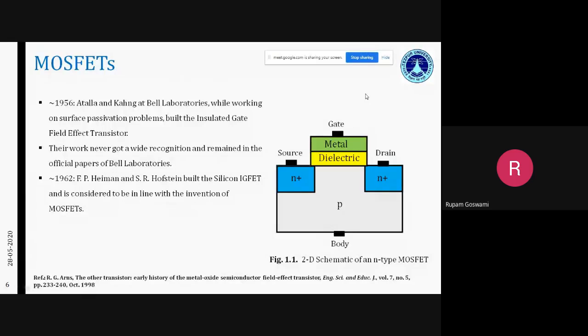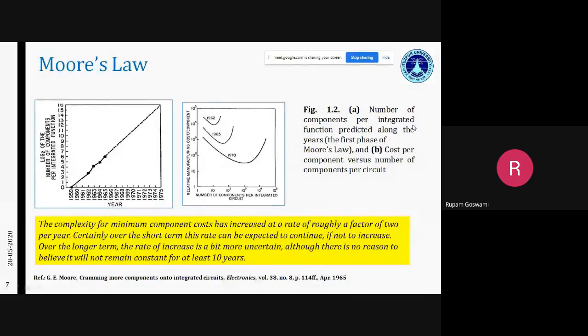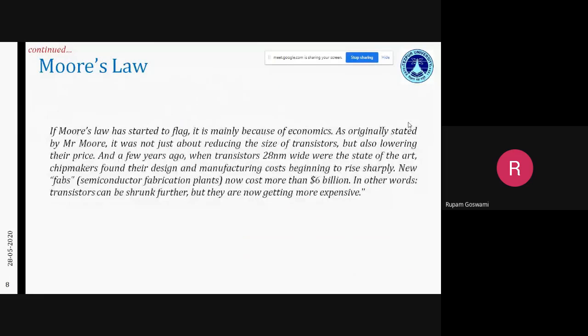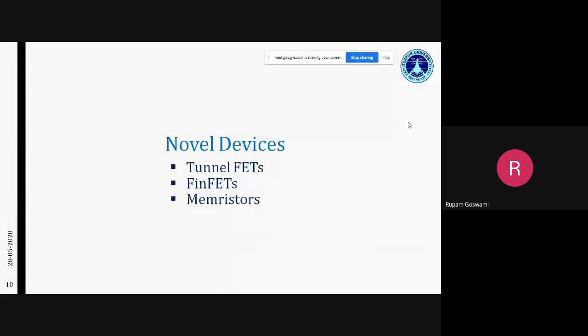Okay, so I hope you have just got a basic idea. I do not want to stress on the different short channel effects, but I just wanted to give you an idea of why we are doing this webinar. So now moving into the novel devices. First of all, the term novel is not an absolute term, it is a relative term.